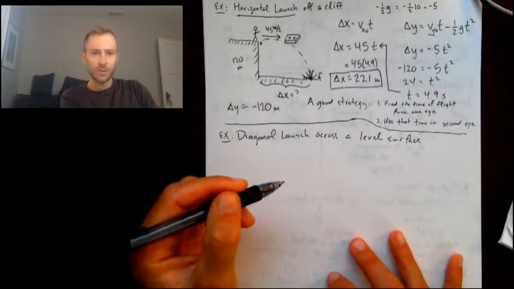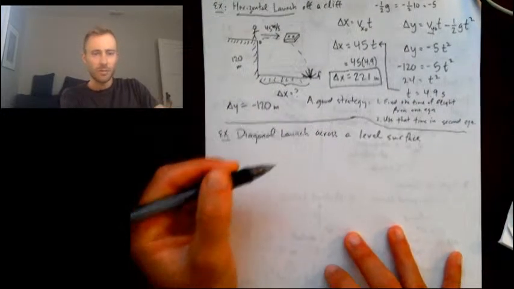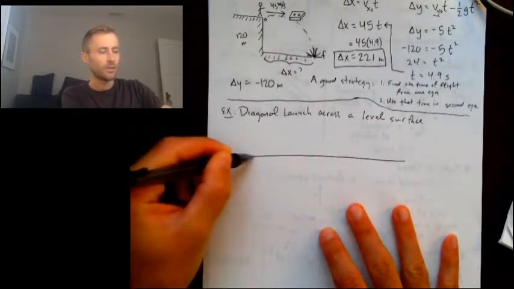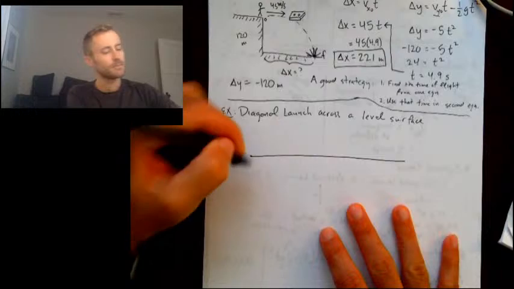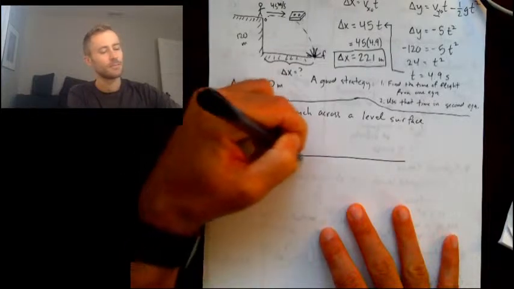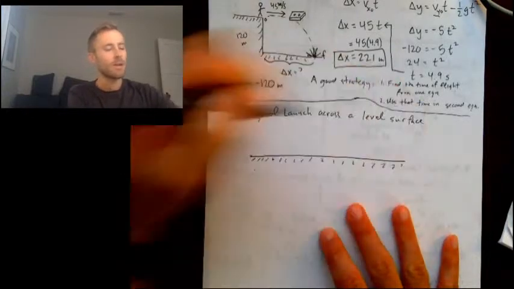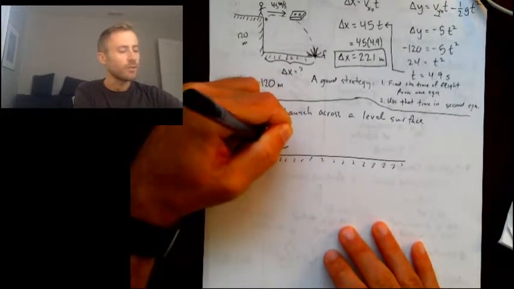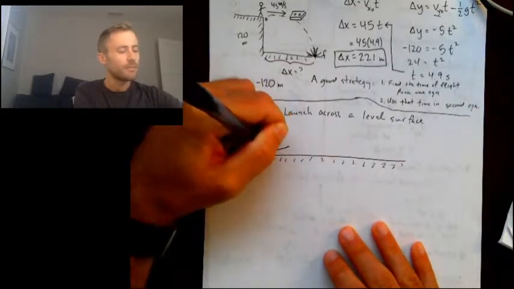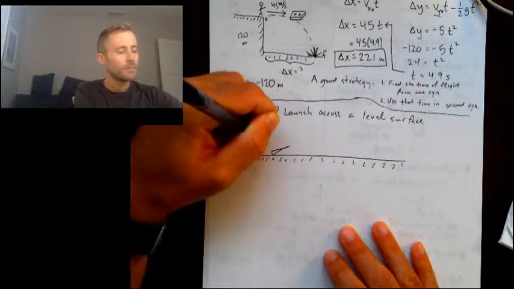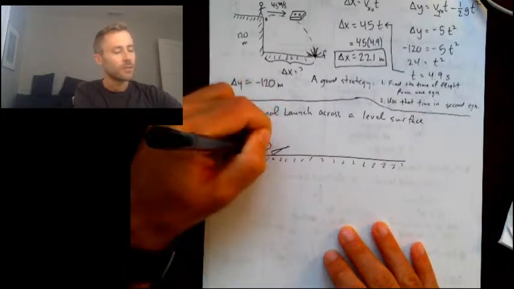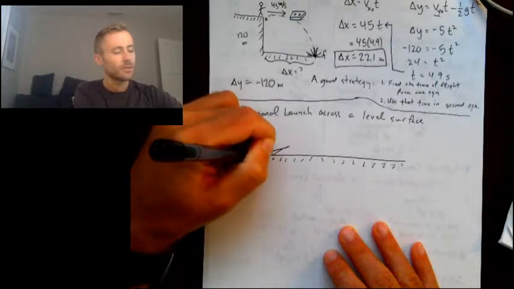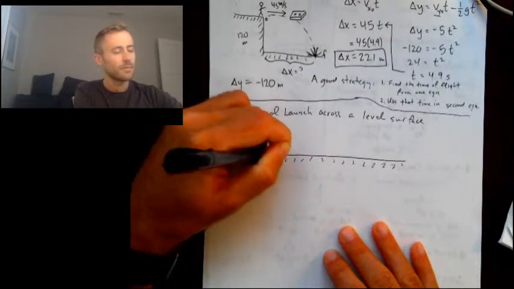The example that comes to mind is military snipers. So here's a level surface. Here's the sniper rifle. There's the sniper, laying on the ground like that.